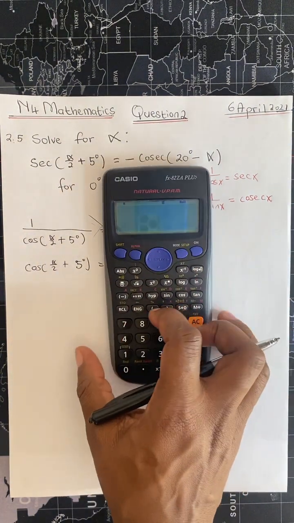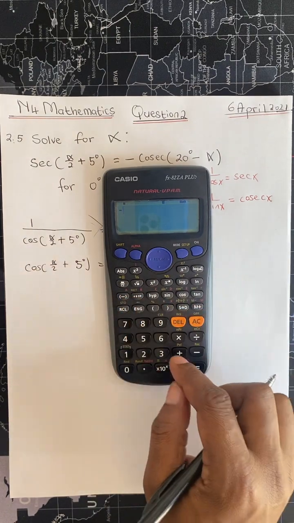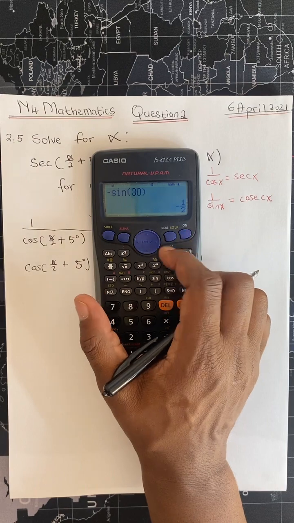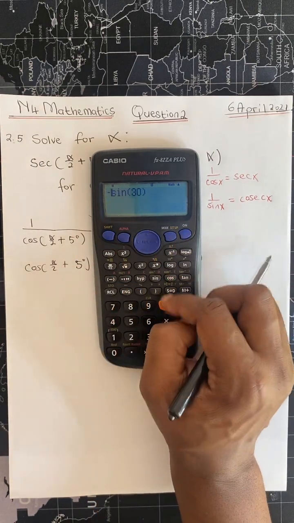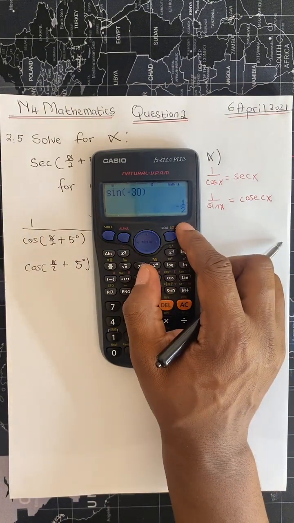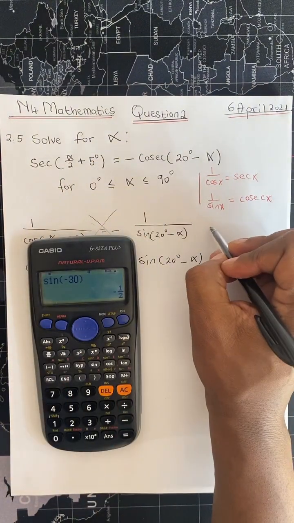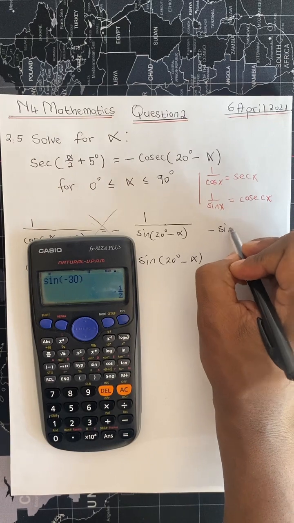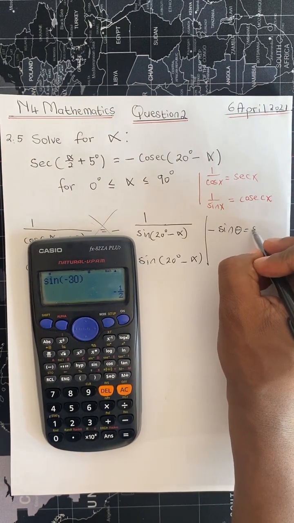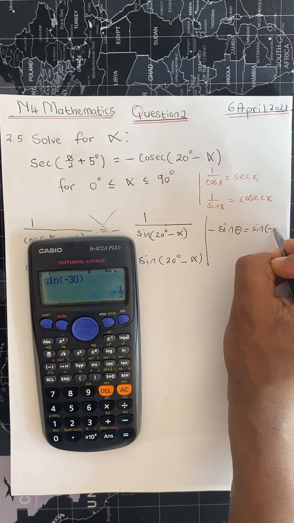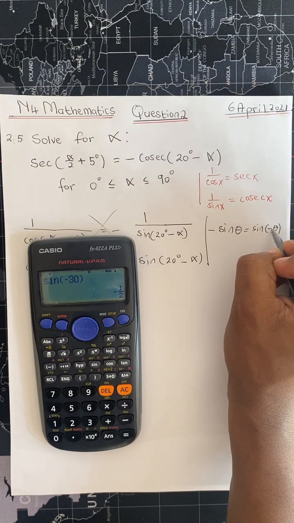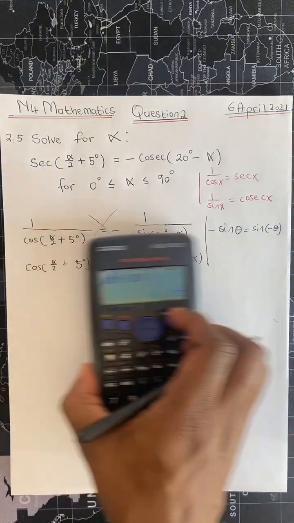So if we had negative, for example, if we had negative sine 30, this is equal to negative 1 over 2. So if we put this negative inside the parentheses, we still get negative 1 over 2. So negative sine theta is equal to sine of negative theta.